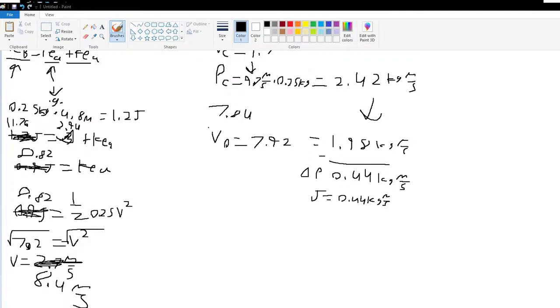Looks like I'm off by a factor of 10. I'm actually very confused by that. Did I forget gravity again or something?